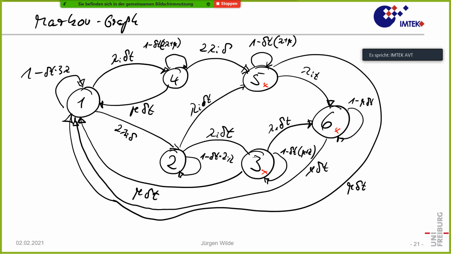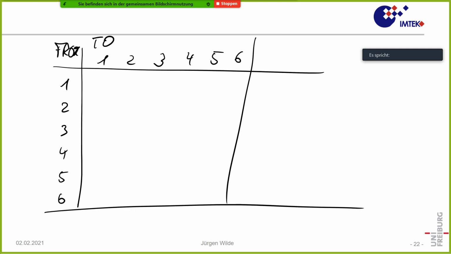I will not go into the details, but what is important, for instance, from 2 to 3, we have, for instance, lambda dt. And from 3 to 2, what is it? There's a 0. And in that way, we can take all of the data when there is no transition.